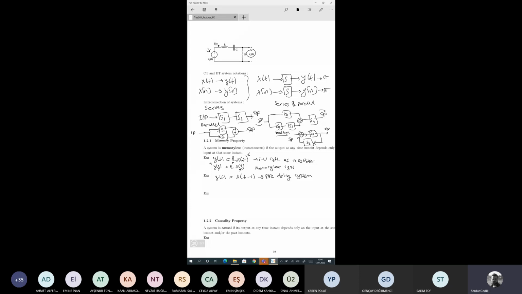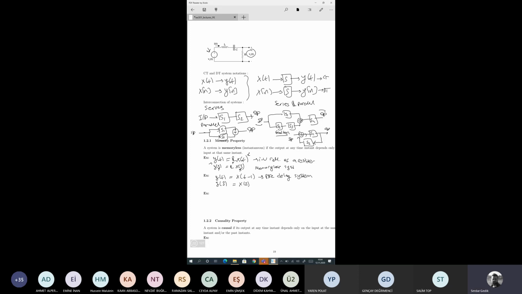So in order to find, let's say, y of 3, what I need is x of 2, right? So it is nothing but a system with memory, right? So in order to find the current value, you need somehow the past value.